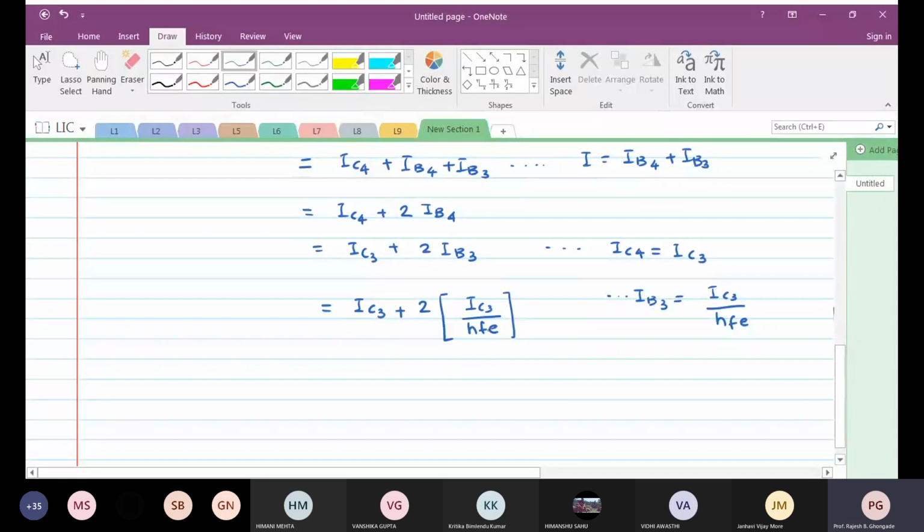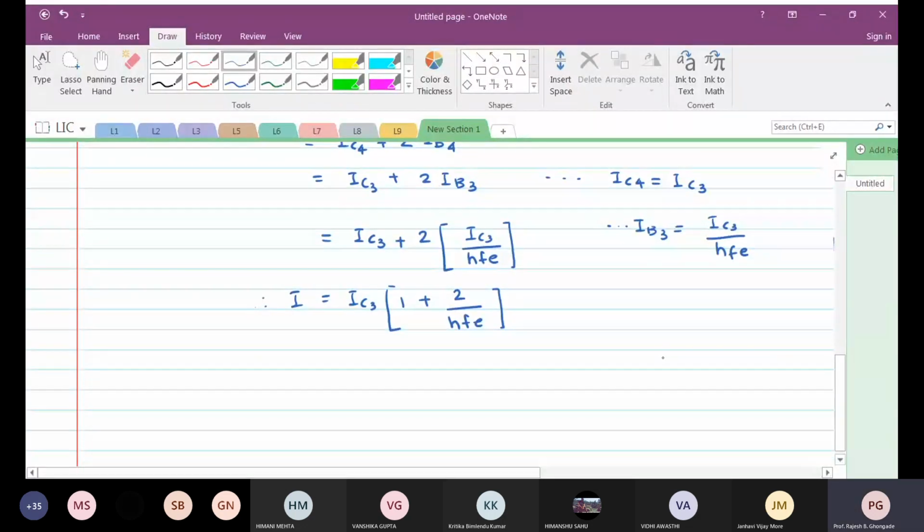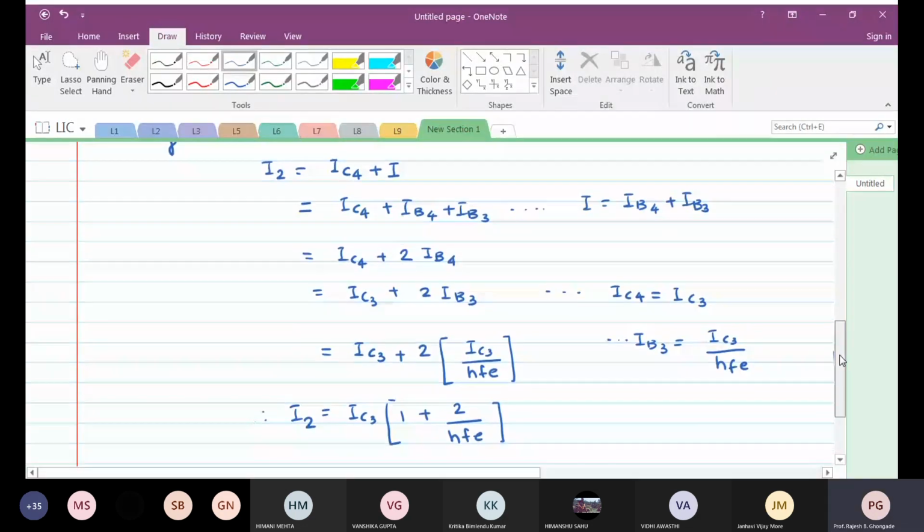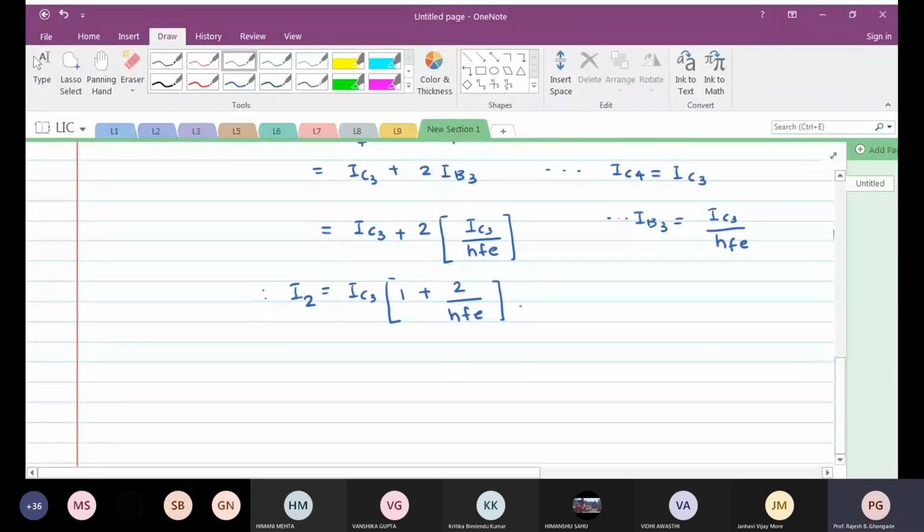Is this step clear? Therefore I2 is equal to IC3, pulling this IC3 common, 1 plus 2 divided by HFE. Is it clear up to this step?